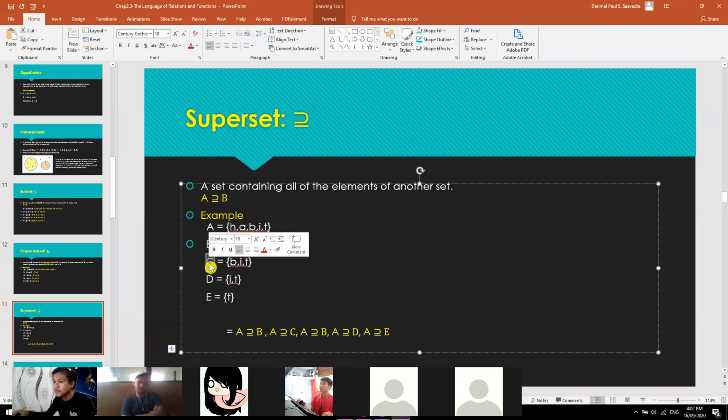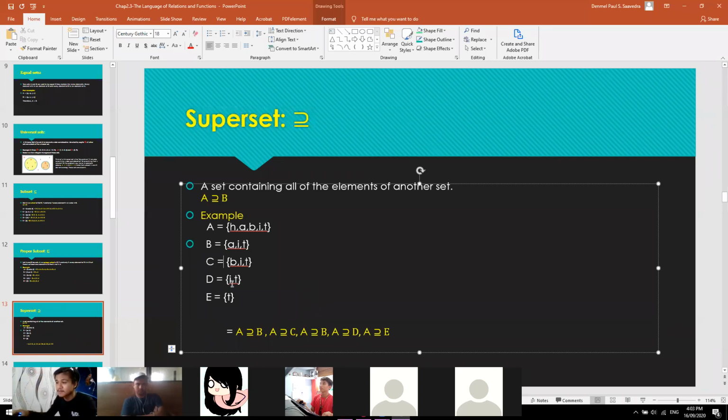Or pwede nyo rin gawin to, C is a superset of D or C is a superset of E. As long as yung nandito sa right side natin is mahahanapan mo yung element niya dun sa left side. Okay? So that's a superset. Any questions so far?